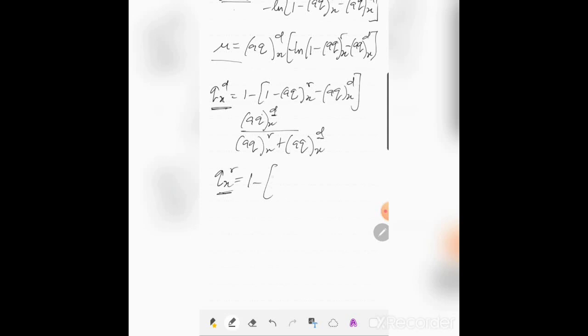So this becomes 1 minus aqxr minus aqxd to the power of aqxr over aqxr plus aqxd. These are the kind of expressions that are there in a multiple decrement table.